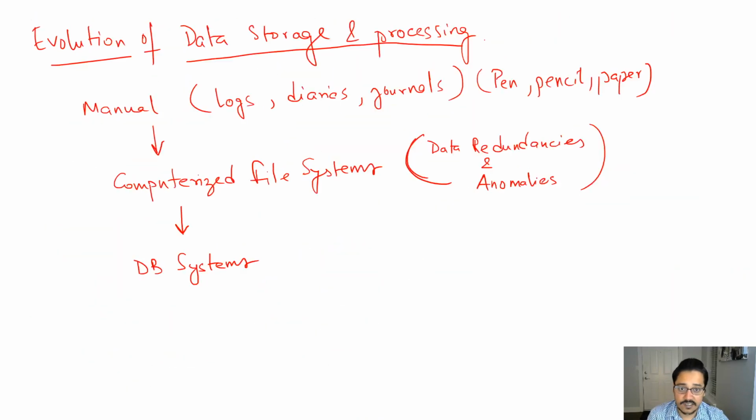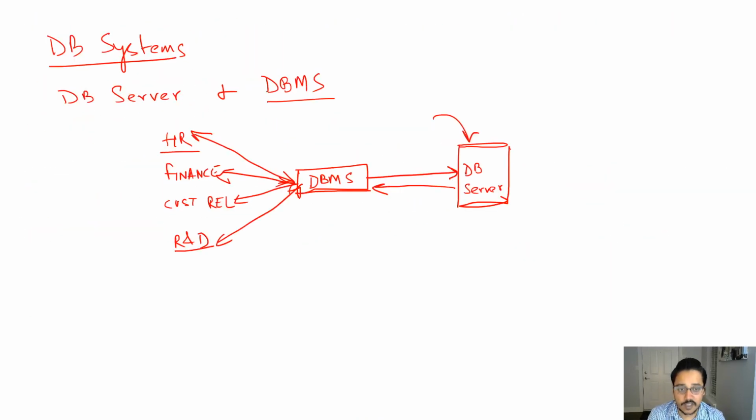But yes, given the nature of the architecture of database systems, some of the issues were solved, which is inherently about increasing the security of the data, because now there is a layer of abstraction that is provided from people who are trying to access the data versus where the data is being stored, right? It also improves data sharing. It increases the aspect of data consistency, right? And as a result of that, the decision-making process also improves.